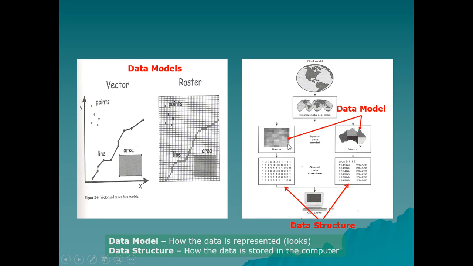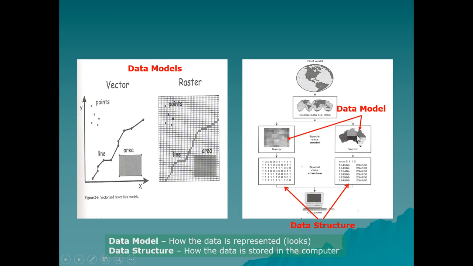So this is what it would look like. If we digitize, for example, using a digital tablet where we trace the features to get points, lines, and polygon features, that will produce a vector model.